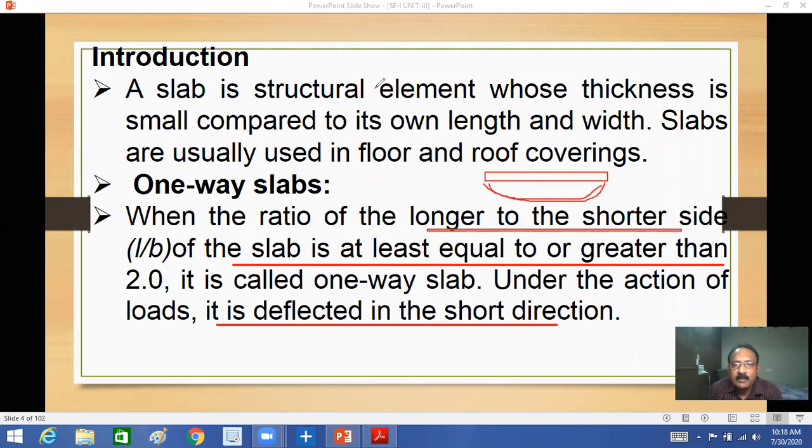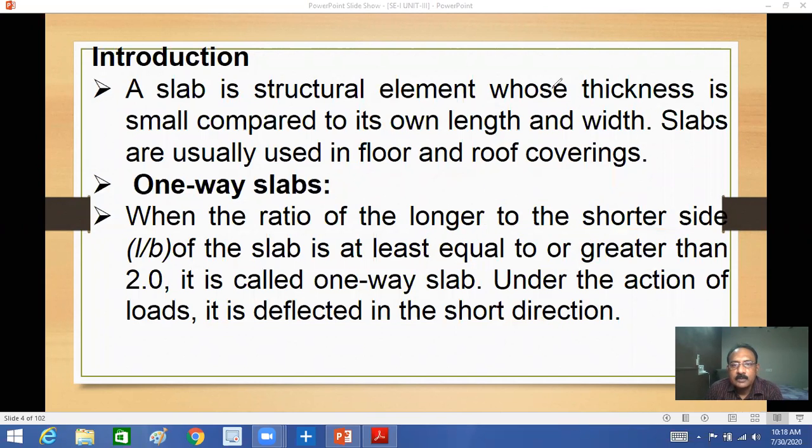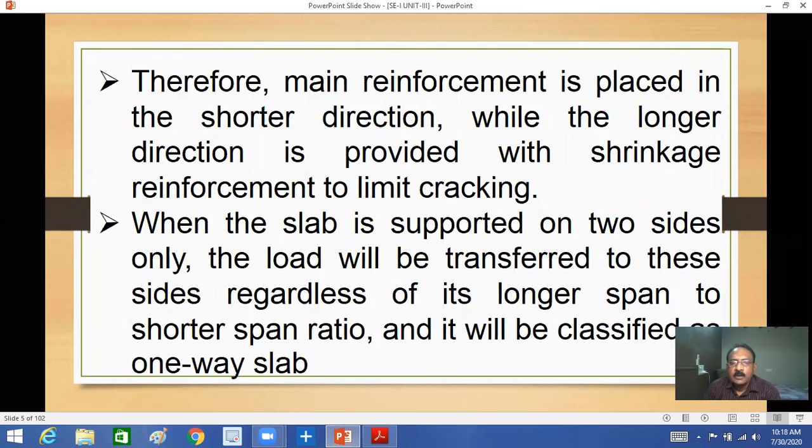This is the meaning of one-way slab. This is one of the important observations. Therefore, the main reinforcement is provided in the shorter direction.